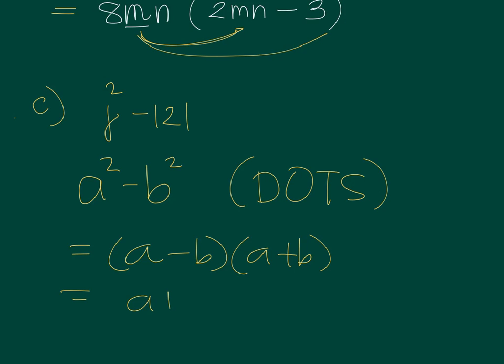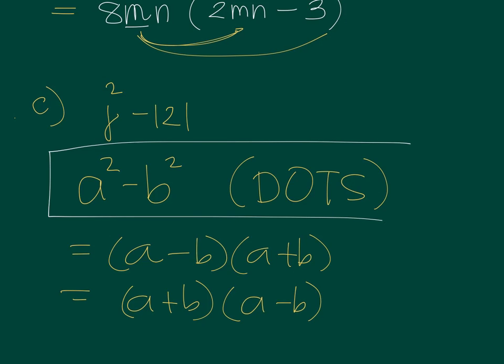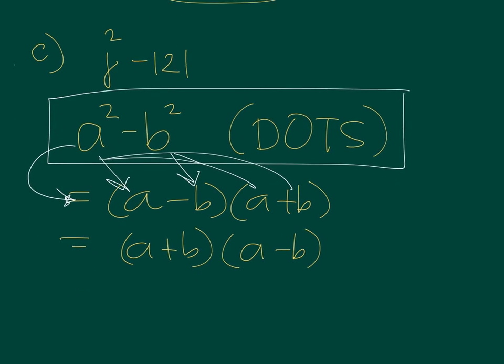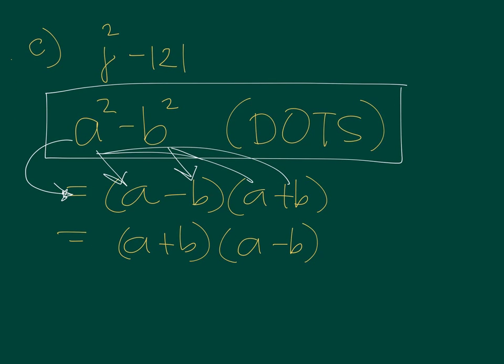Or if you want to have the plus before the minus, so a plus b and a minus b. So if the expression follows a squared minus b squared, the difference of two squares, then you can factor it easily by having a minus b and a plus b. Okay, so how do we apply that for j squared minus 121?